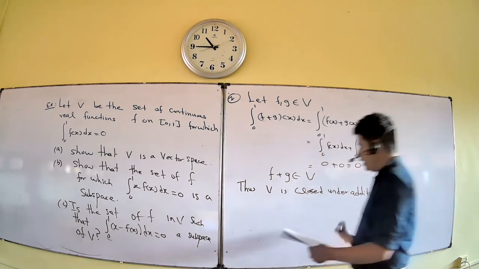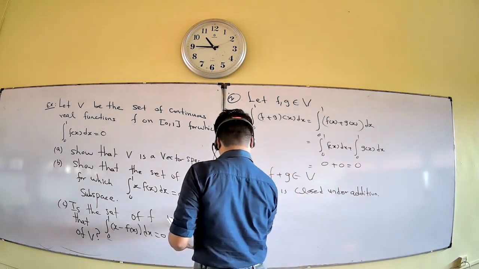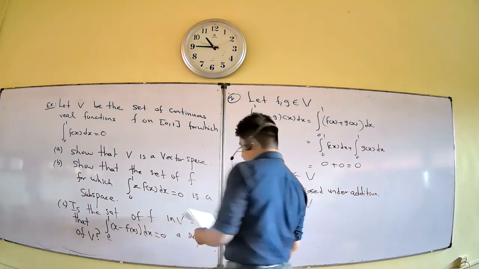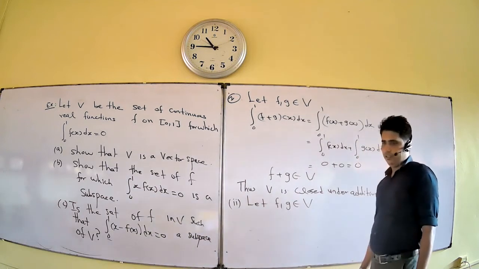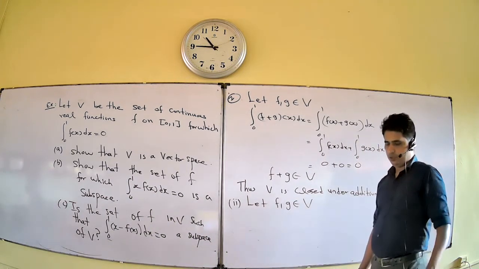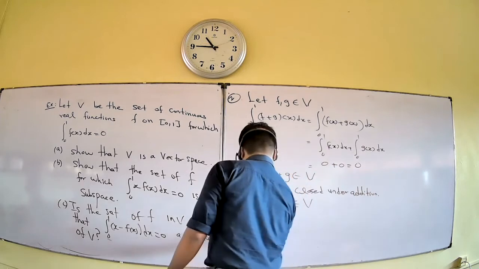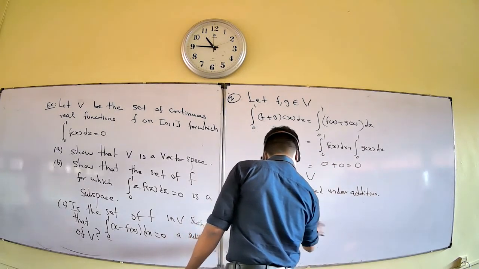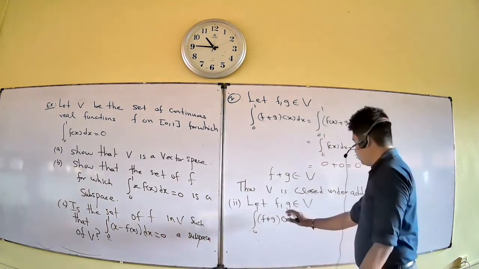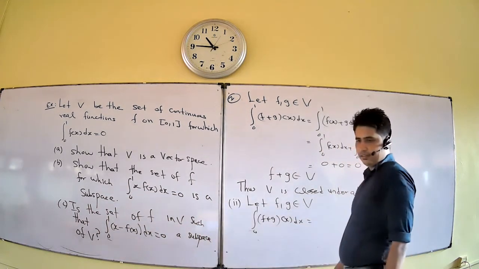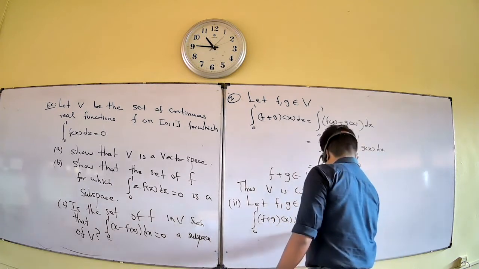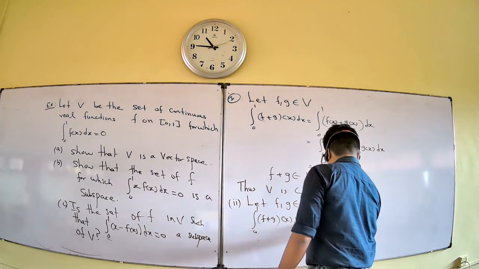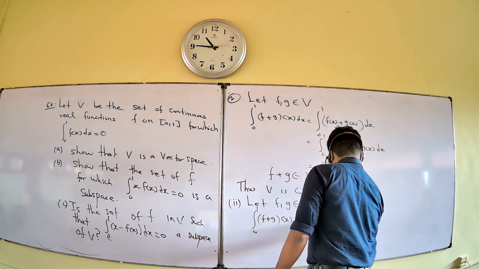For the next, the commutative part, let f, g in B. So you take this one, the integral from 0 to 1 of (f plus g)(x) dx. You want to show that this is equal to the integral of (g plus f)(x) dx. Is it easy? Because you can write the integral from 0 to 1 of f(x) plus g(x) dx.